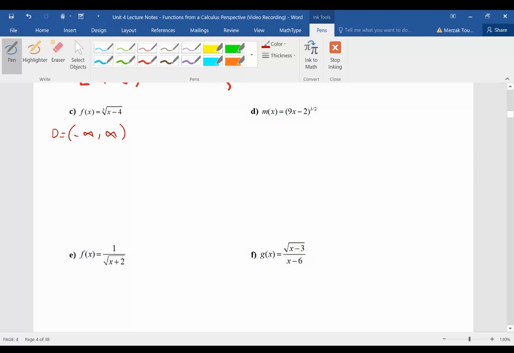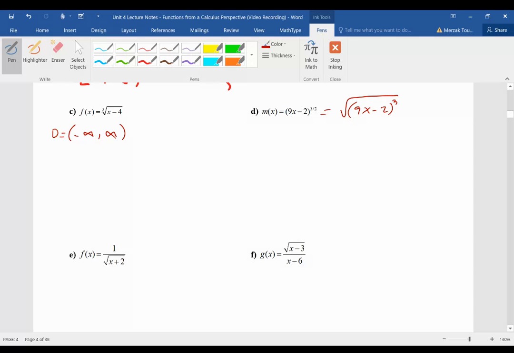Let's do example D. Example D says m of x equals (9x minus 2) to the power of 3 over 2. If we write this in radical form, it will be the square root of (9x minus 2) cubed.